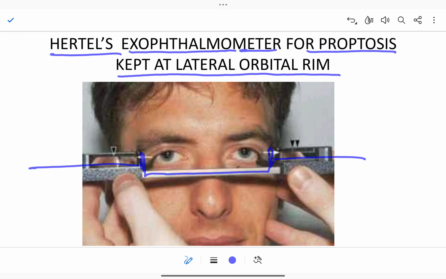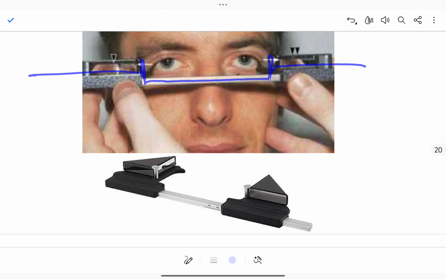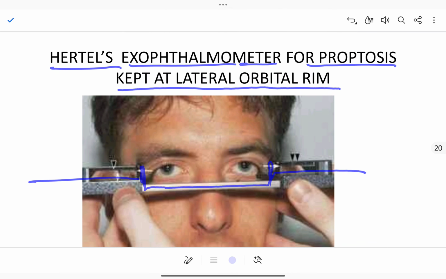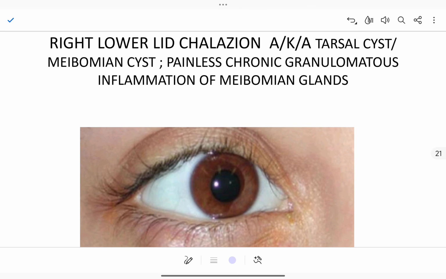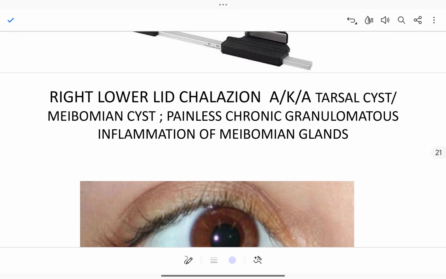This is Hertel's exophthalmometer. See the picture, it's very easy.